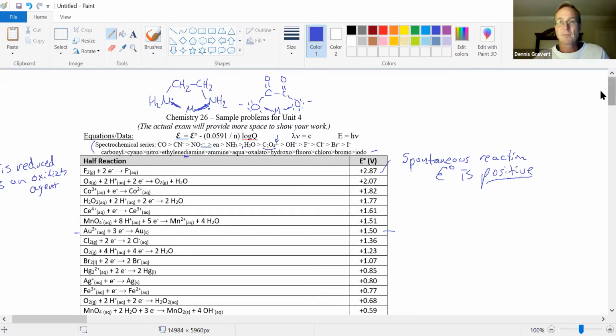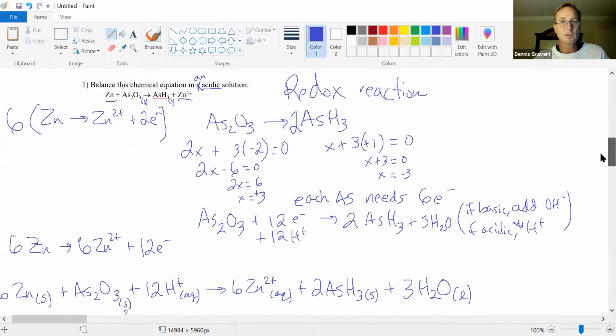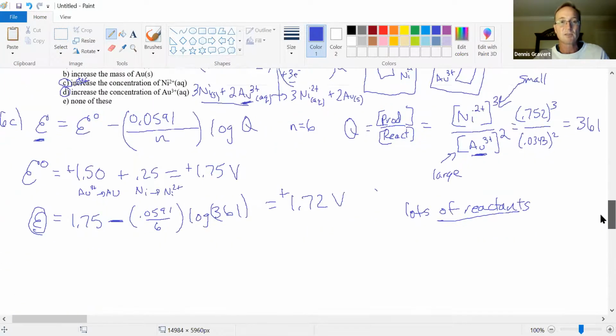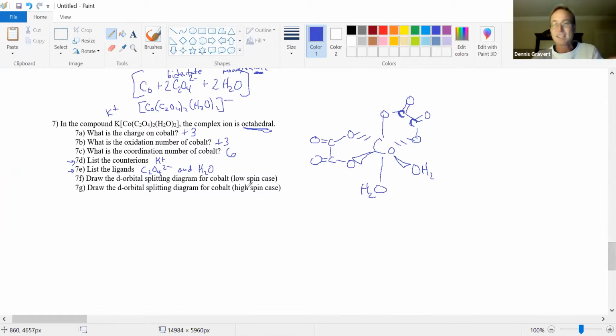Now, I want on this question for you to draw both possibilities. So if you see the question and it wants both, then give me both, even though you could argue, wait, Dennis, based on the ligands, it should only be the high spin case. But I want to know if you can draw both. That's what I'm looking for.